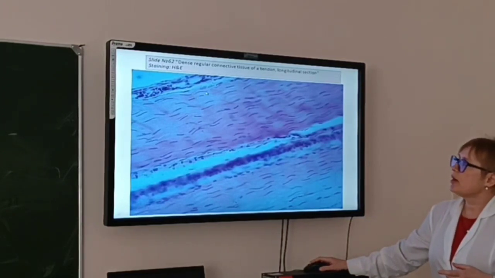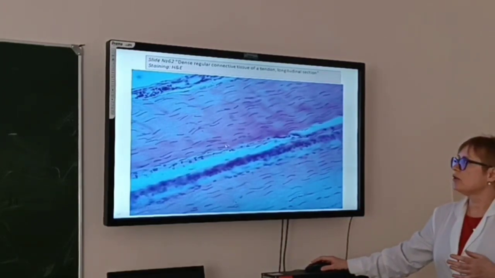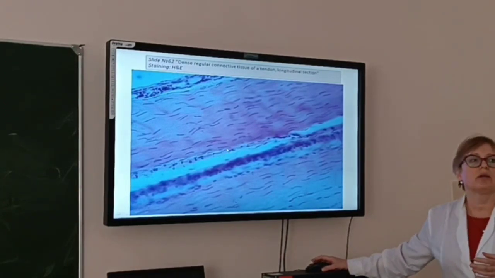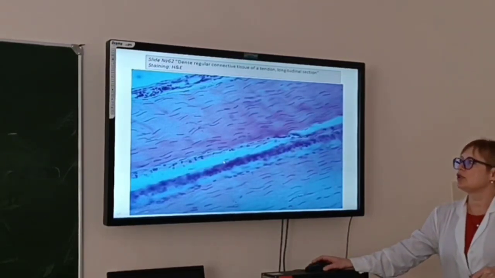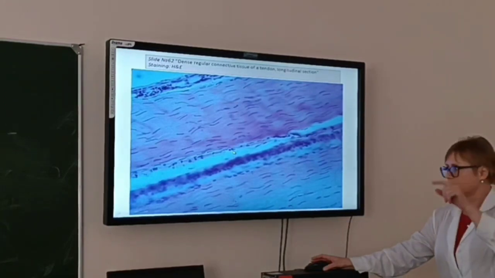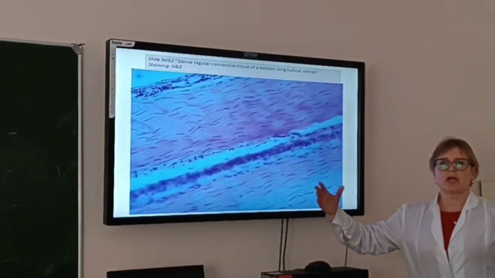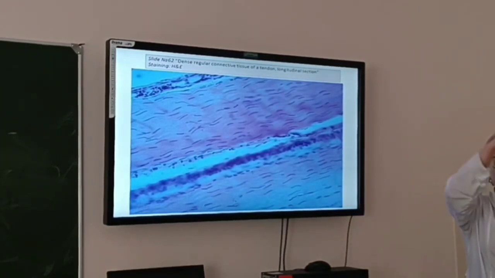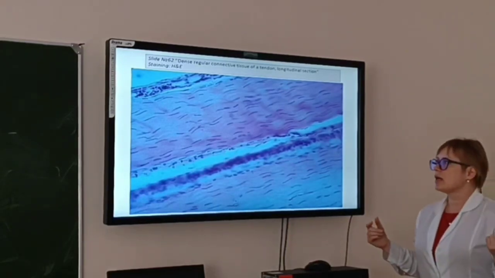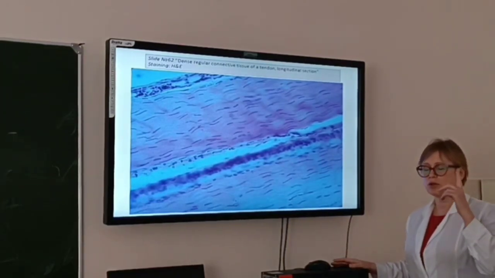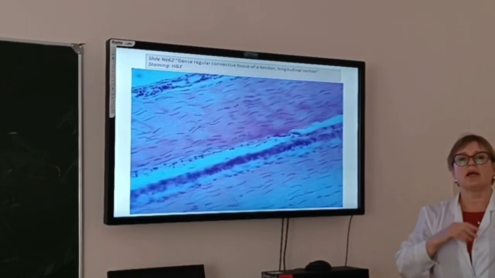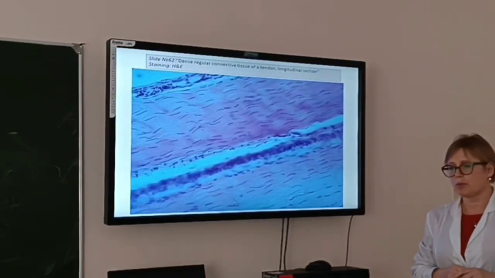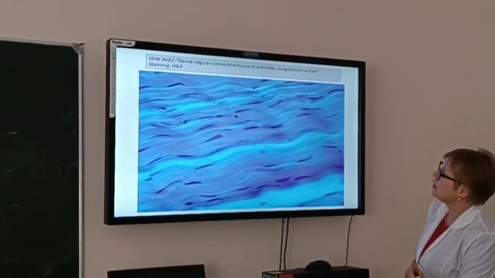After that, a lot of bundles of first order unite and form bundles of second order, limited by loose connective tissue around them. Several bundles of second order will be surrounded by loose connective tissue that will be a bit thicker with large blood vessels, and such bundles we name the third order. The outer tendon is covered with dense connective tissue that we name epitendinium.